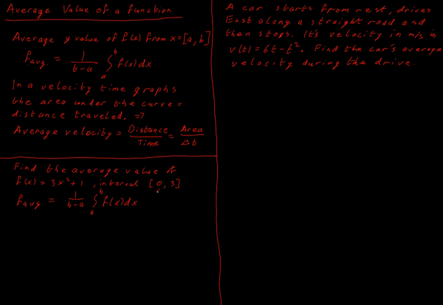Well, our interval is 0 to 3, and this is our f of x. So this is going to be 1 over 3 minus 0, the integral from 0 to 3 of 3x squared plus 1 dx. So that's what we need to get. And this is a normal definite integral. So we just have 3 minus 0 is 3.